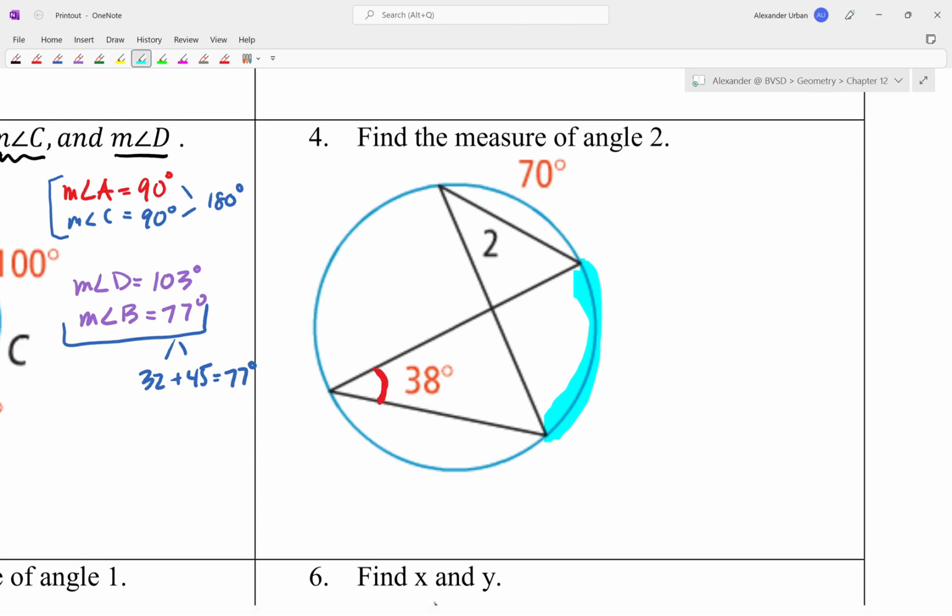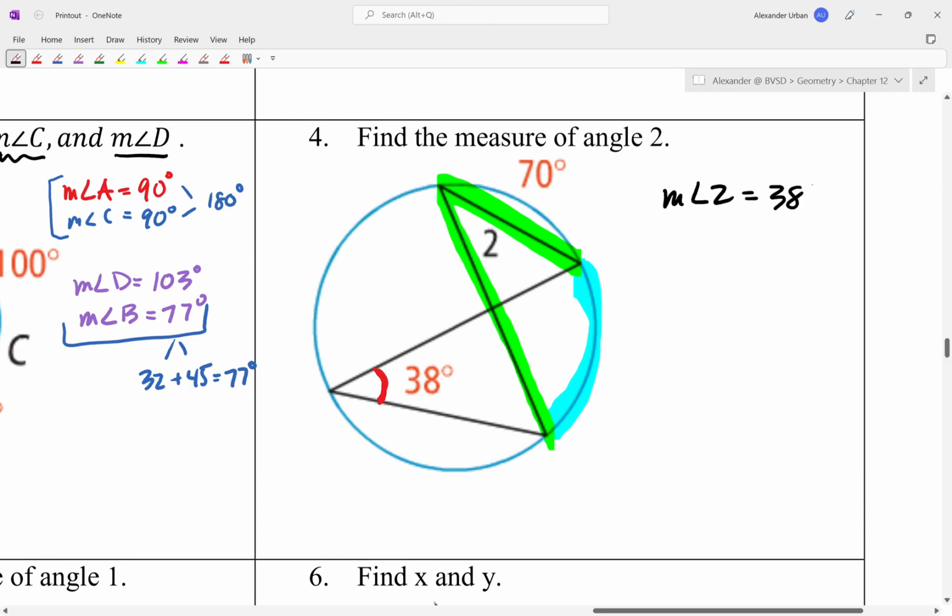But if you notice, angle 2 shares the same arc. So that comes out to our second theorem, or second corollary of that first theorem. If two angles share the same arc or intercept the same arc, they must be congruent. So measure of angle 2 has to be equal to 38 degrees because they share the same arc.